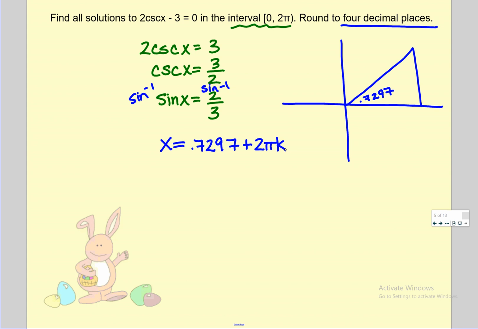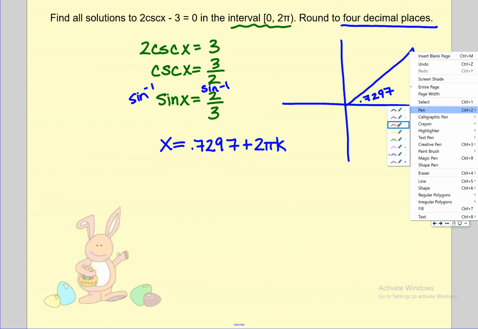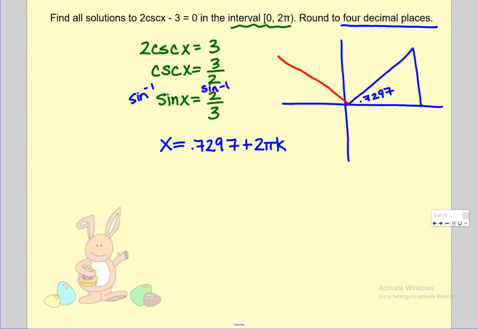Where else is sine positive? It's in quadrant 2. So draw a triangle in quadrant 2. Same reference angle, 0.7297. Your job is to find that rotation from the positive side of the x-axis to the hypotenuse of our triangle. So what math can I do to get that red rotation there?